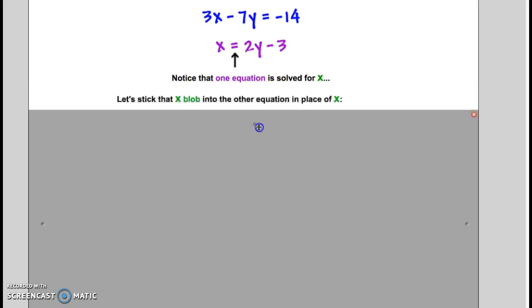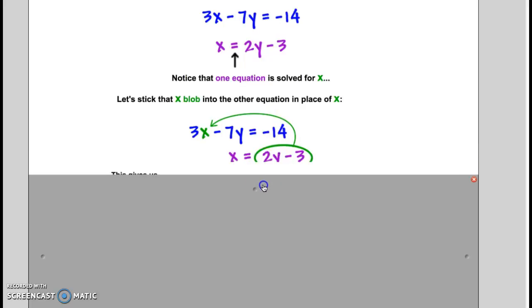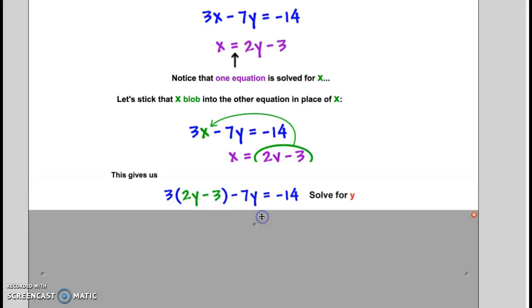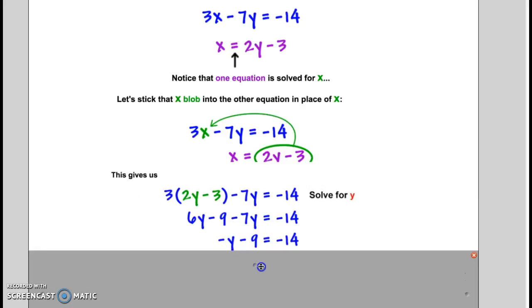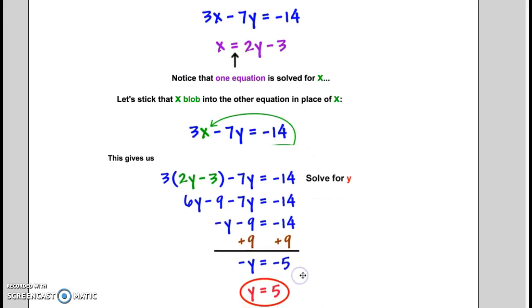But since x is already solved for, we can take that 2y minus 3, and in the first equation, wherever I see an x value, I can put in the value 2y minus 3. So there you go. You solve for y. Once again, this has one equation, one variable, so we can get a numerical value there. And it's y equals 5.